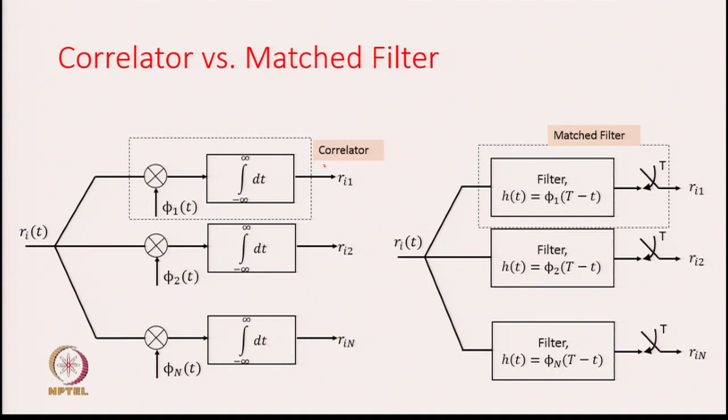So, now we know that in a receiver you have a bunch of correlators. Each correlator has a multiplier where one of the multiplying factors is the orthonormal function. In the case of the matched filter, we choose various filters and samplers, and the impulse response of these filters is matched to the orthonormal functions.